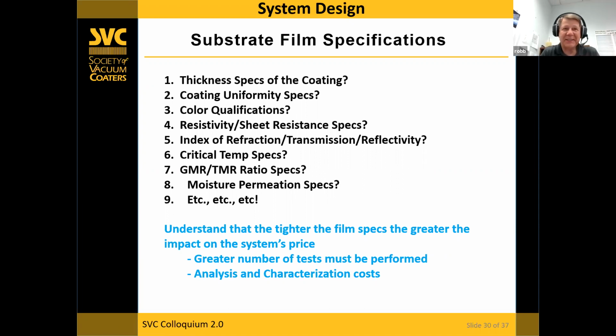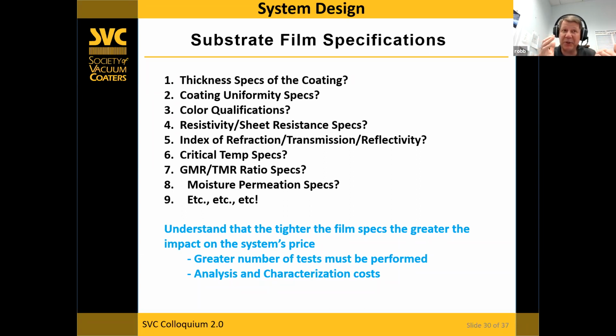That's correct. It's funny though sometimes, Duane, because people put these various specifications on the film performance, and then the system gets to their facility and they try to match these film specs, and they don't have any equipment to measure something like sheet resistance, or they don't have a way to measure transmission or reflectivity of the film.